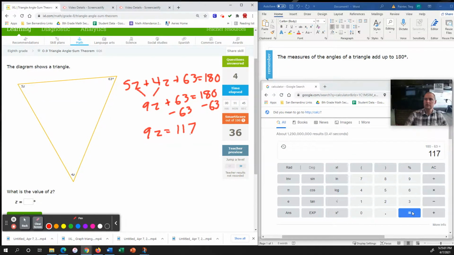Ooh, I wonder if that's going to come out nice. Hopefully. So take 117, divide by 9. Hope it's not a decimal. 13, that's a new one. 9 times 13 is 117. So divide by 9, z equals 13. Nice.